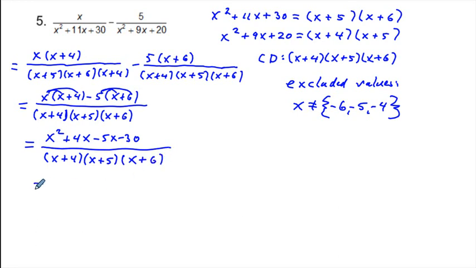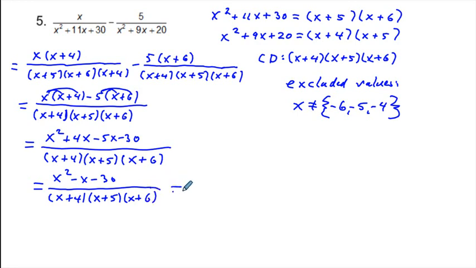Factoring our numerator, or we're going to simplify first: negative 5x plus 4x is going to be negative x. We have x squared minus x minus 30 over x plus 4 times quantity x plus 5 times quantity x plus 6.